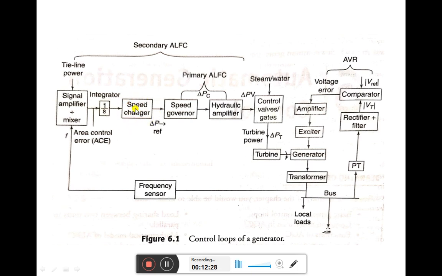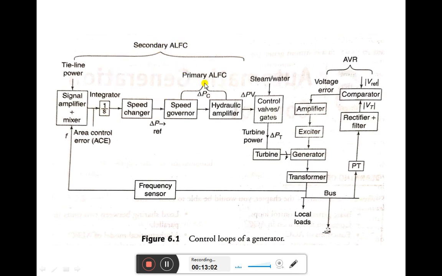Now this speed changer will decide how much variation we want in the delta P reference, how much power is deficient, and by calculating that we can give this input to the speed governor system, and further the function of the speed governor and control valve we just discussed. This primary ALFC is like a coarse adjustment and the secondary ALFC is like a fine adjustment.